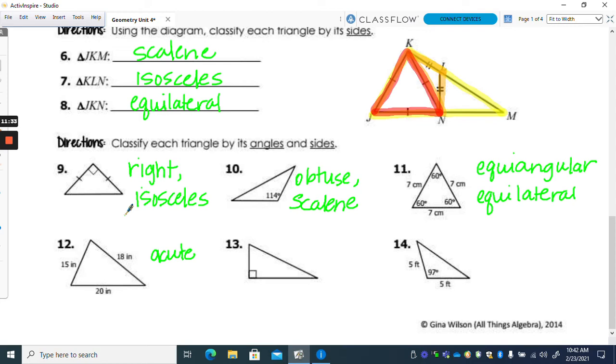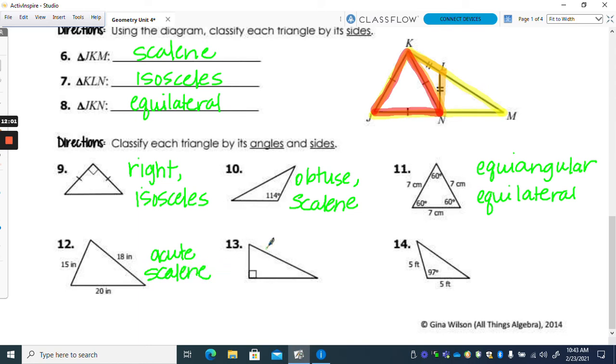So you can always check to see if you're curious. You can even put it up on your computer screen and look, just like I just put it up on the TV. So number 12, if we're classifying it by the angles, it is acute. If we're classifying it by the sides, then it is scalene.